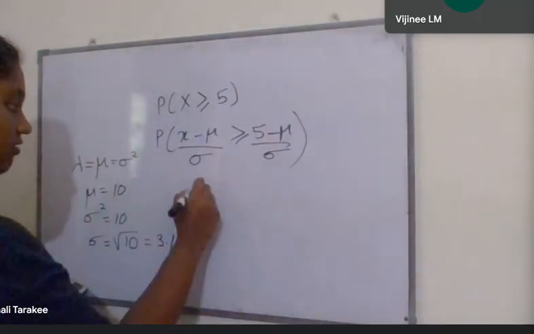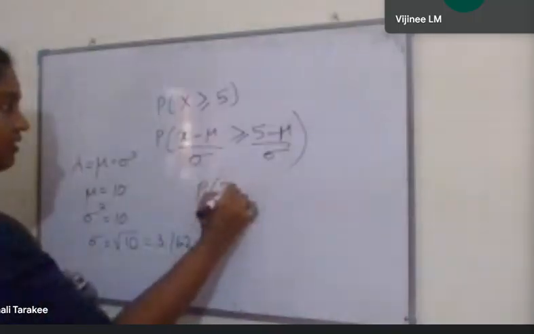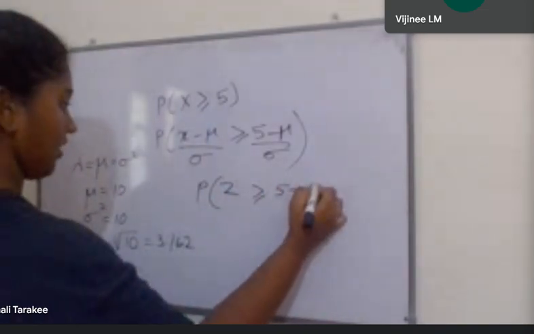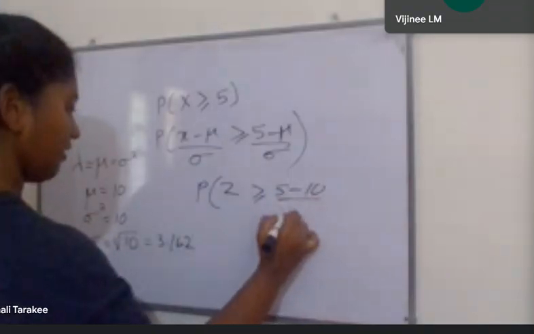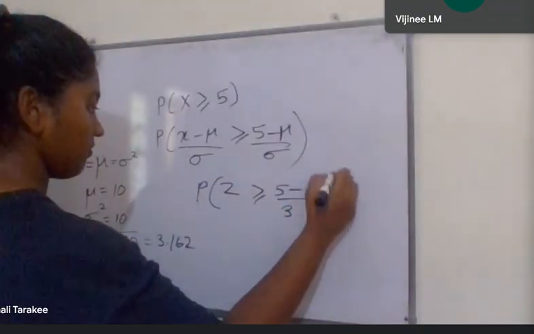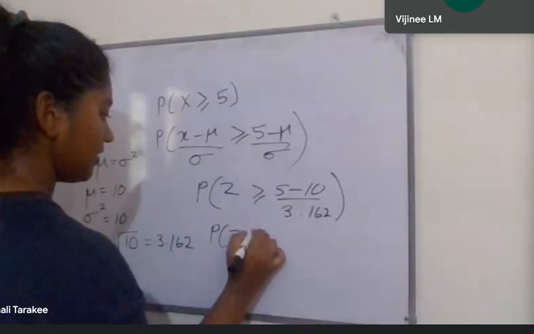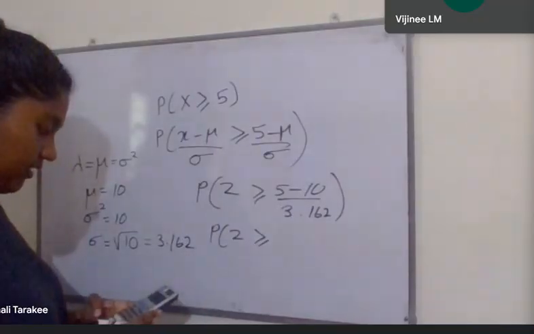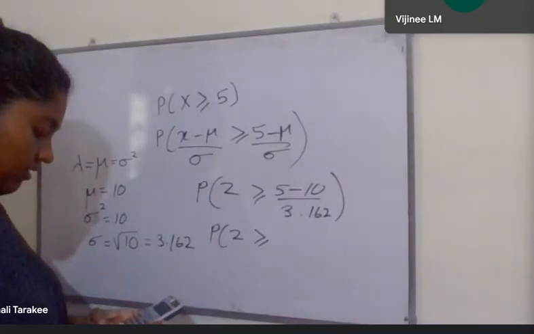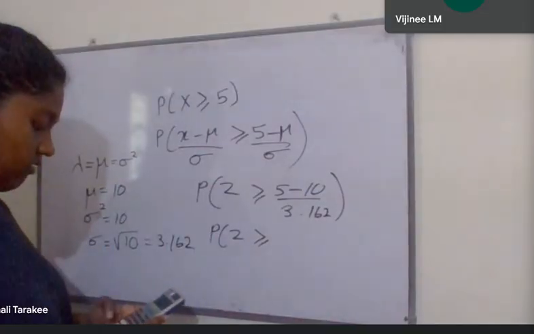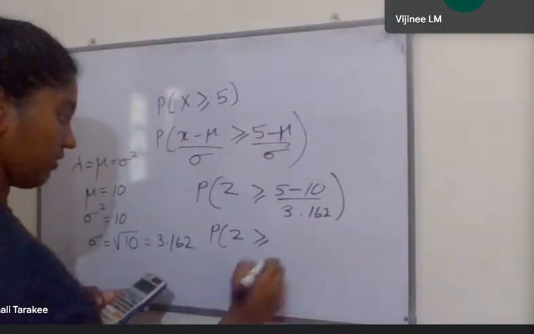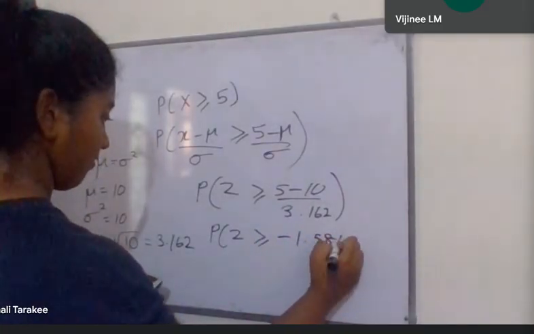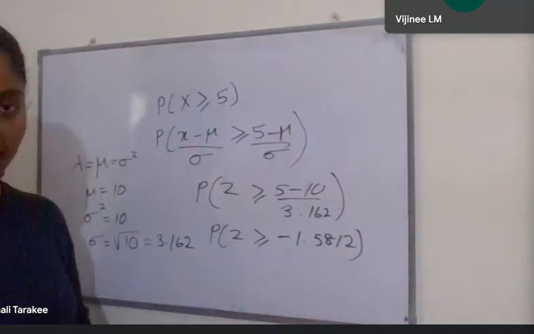We can use this here. So P(z greater than or equal to (5 minus 10) divided by 3.162). We get minus 1.58. This is the answer you get.